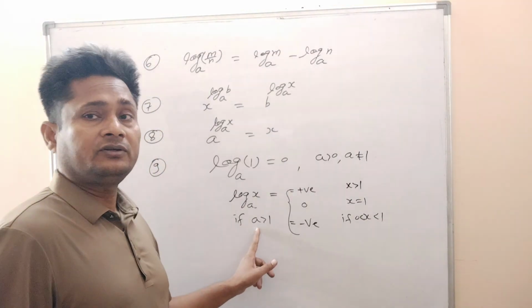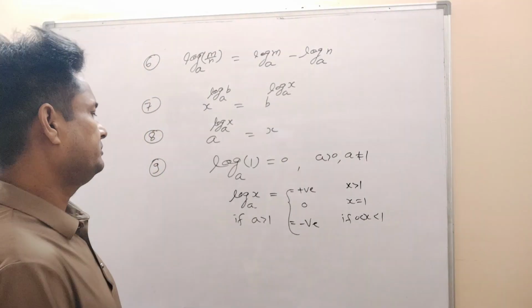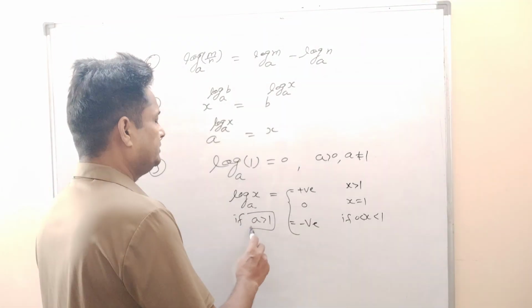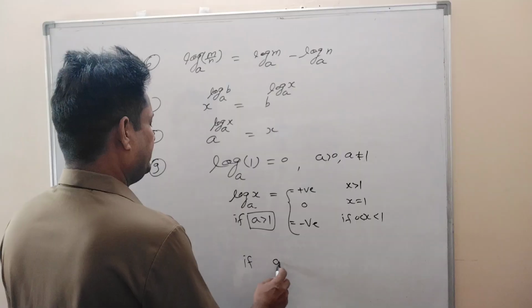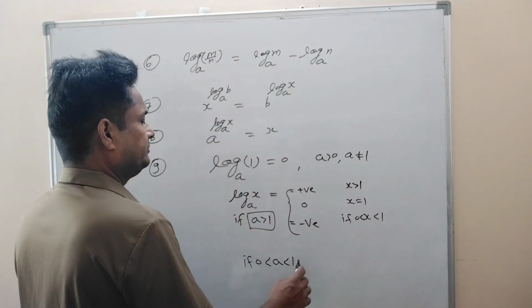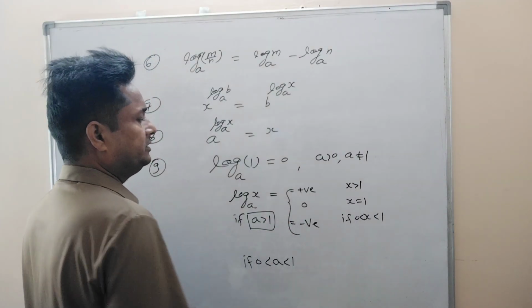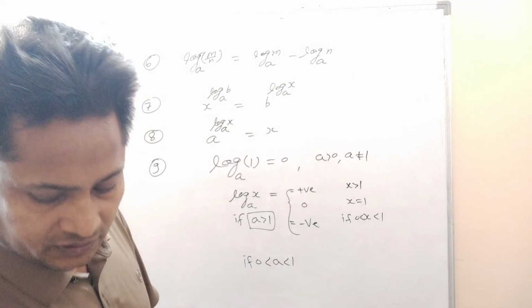But the condition is what? Base must be positive. I will draw the graph of this one. Now if a lies between 0 to 1, then what will be the values of this one?